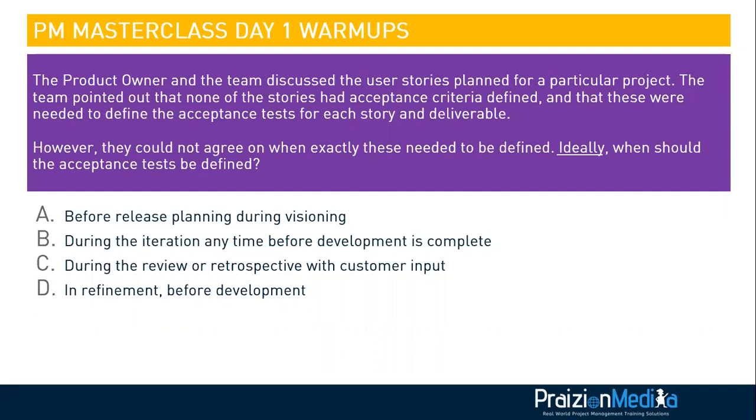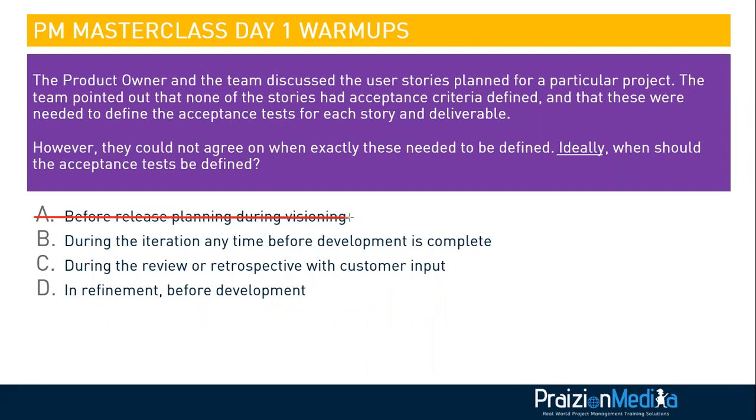So A says before release planning during visioning. That is way early. You don't even have stories then, most of the time. So let's get rid of that. Or you might have an epic or two, but definitely not the whole laundry list of stories, right? So it's very unlikely you'd be looking for criteria at this point.